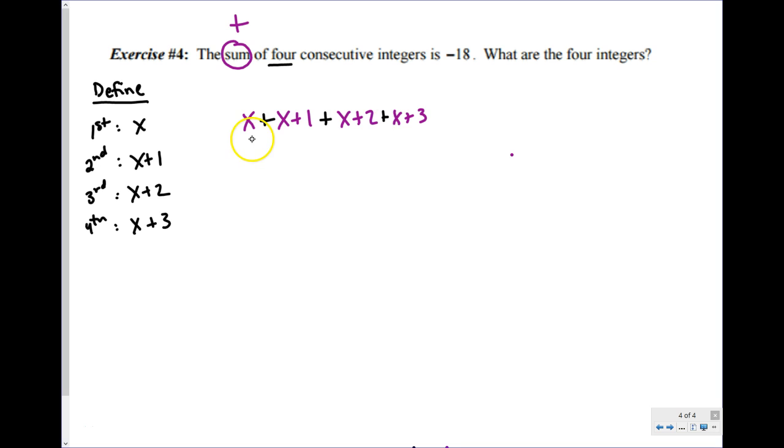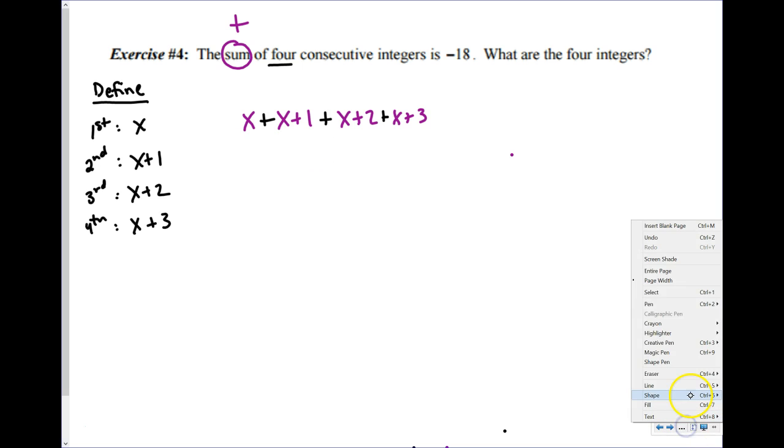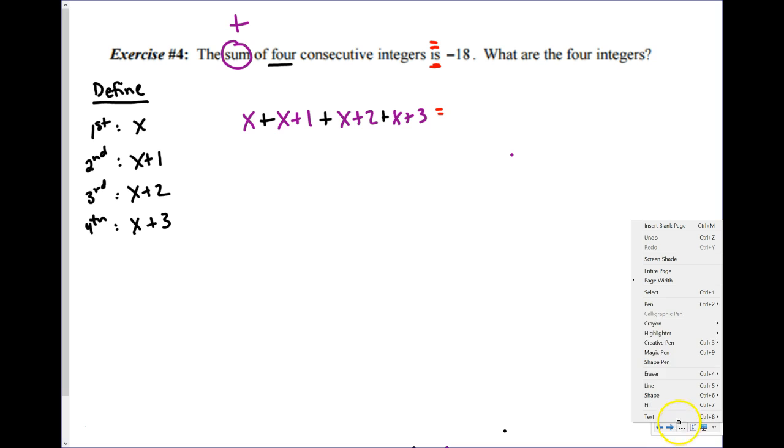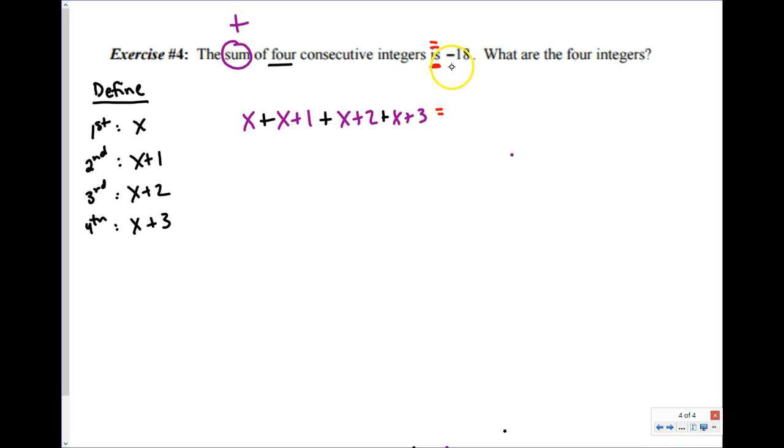There's the first one, the second one, the third one, and the fourth one. I'm not going to write those little lines in because it makes solving it hard, but I want you to see that I'm writing their sum. The sum of them is, there's that keyword is that gives me my equals sign, negative 18. So there's my equation.